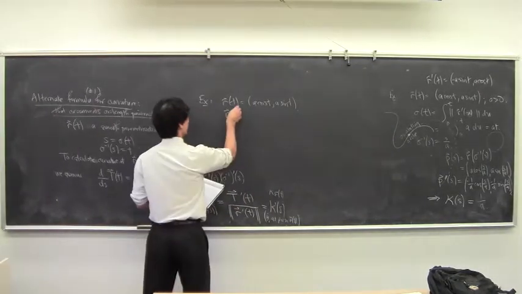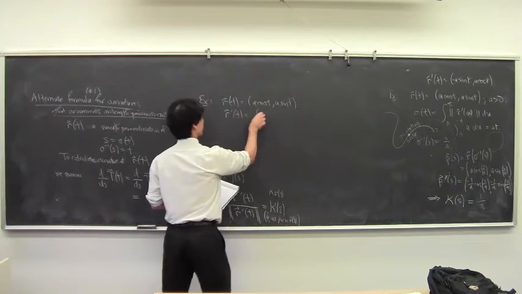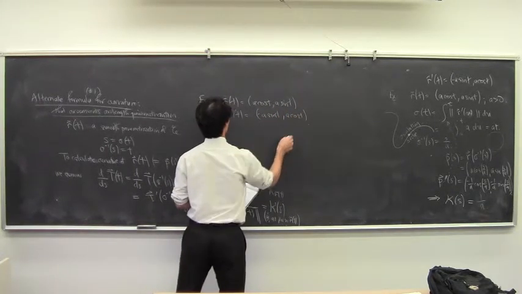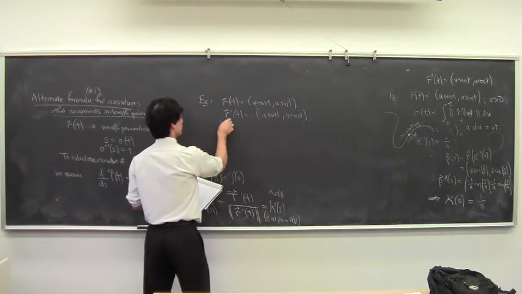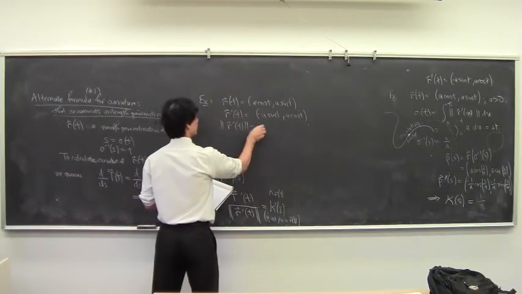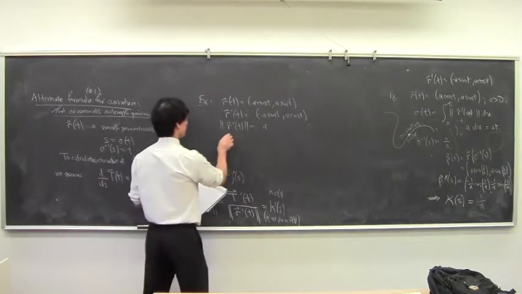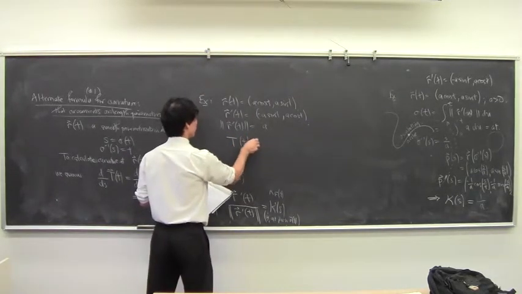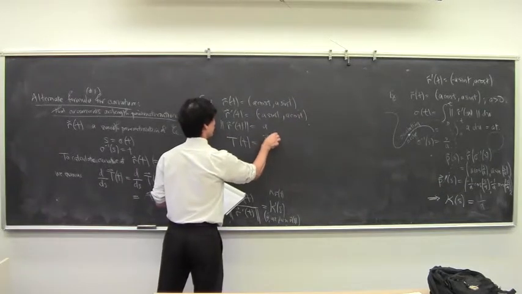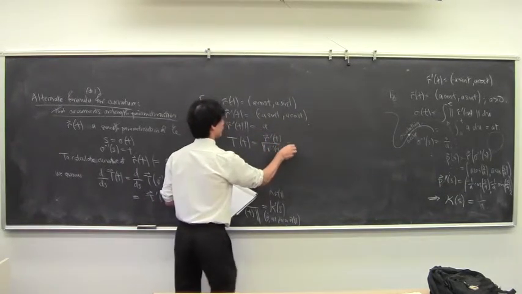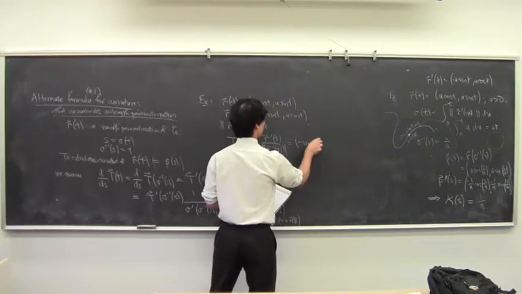So first let's create the tangent vector: negative a sine t, a cosine t. The magnitude of the tangent vector is a. So I create the unit tangent vector by dividing by its magnitude, and I end up with negative sine t, cosine t.